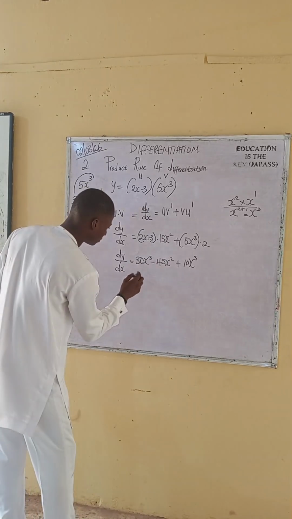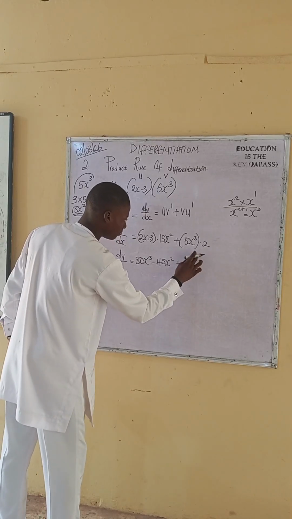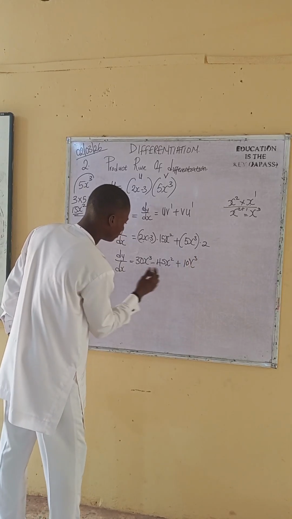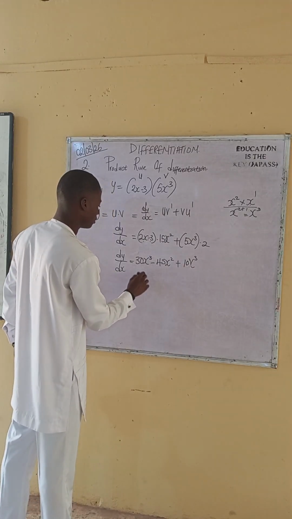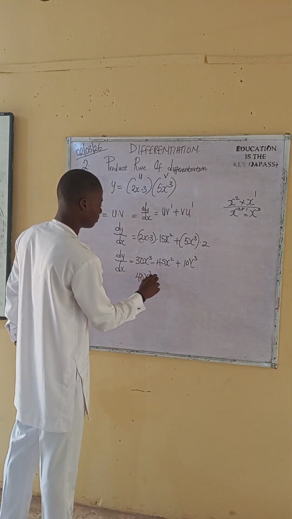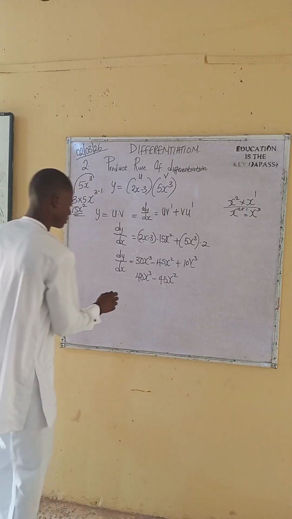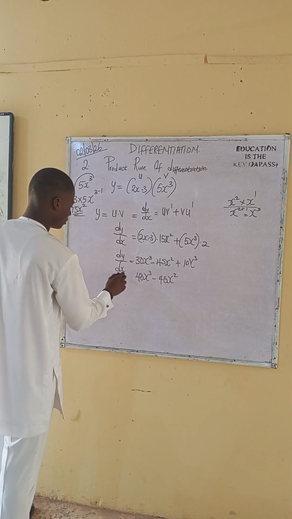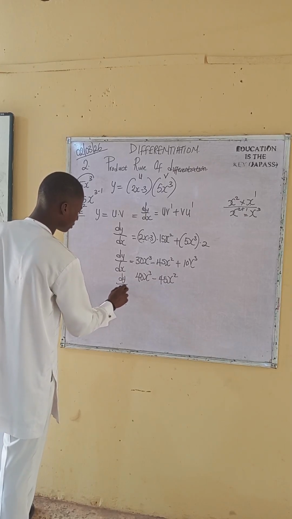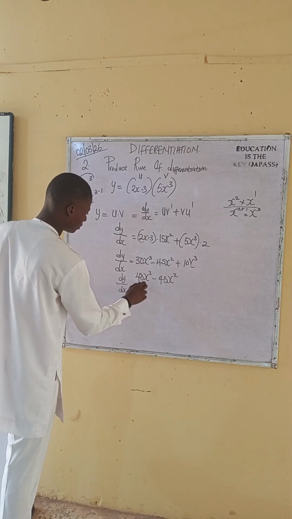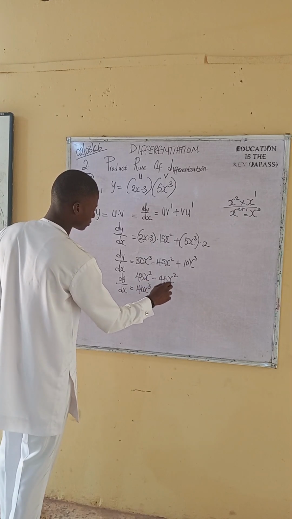Now collect like terms: 30x cubed and 10x cubed have the same variable and the same power, so you add them. 30x cubed plus 10x cubed gives 40x cubed, minus 45x squared. So I can say that dy over dx is equal to 40x cubed minus 45x squared.